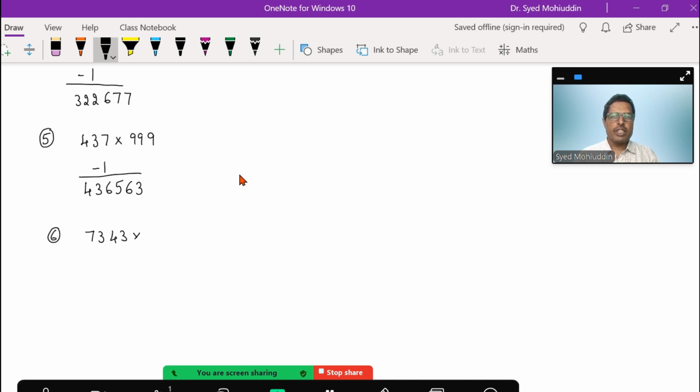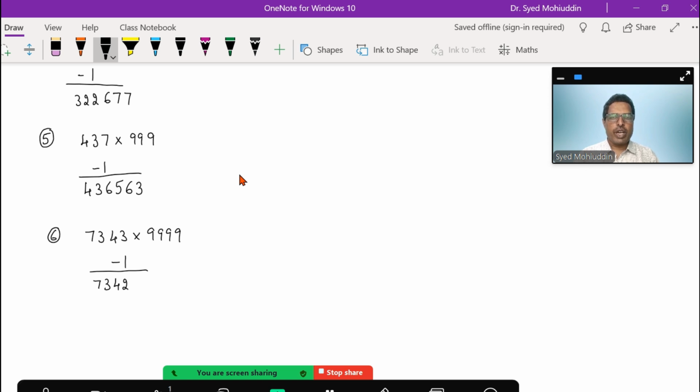7343 is multiplied by 9999. So what is the first step? Subtract with 1. How much will be getting? 7342.